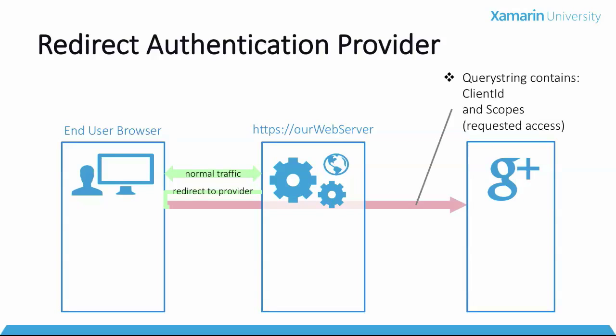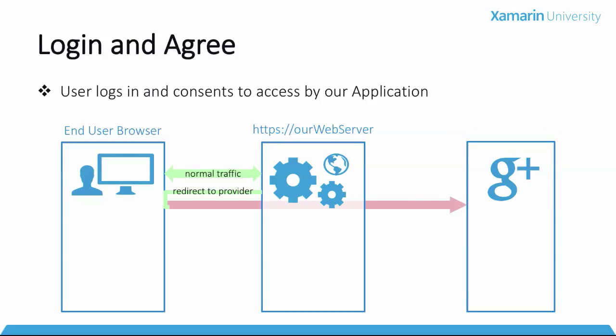We request those accesses, and those are known as scopes. So the user logs in, and the user consents to those scopes that we request. Google usually will actually present a page that says, our web server would like to send email on your behalf, view your calendar. And so the user just says, okay, I consent.